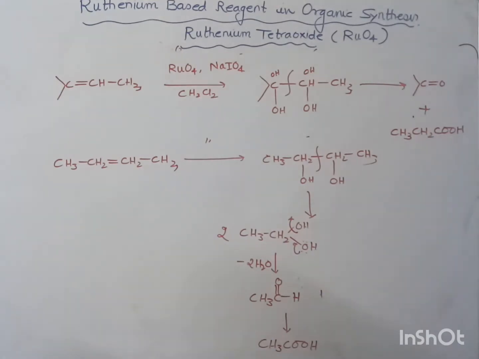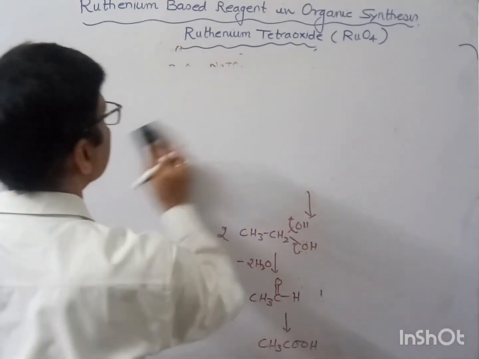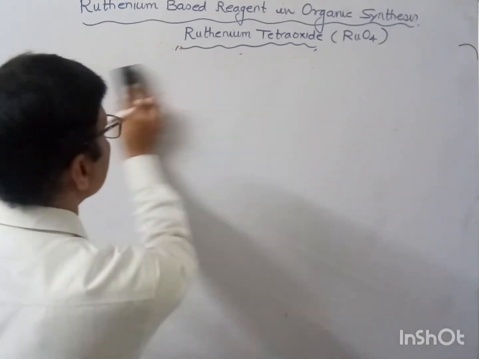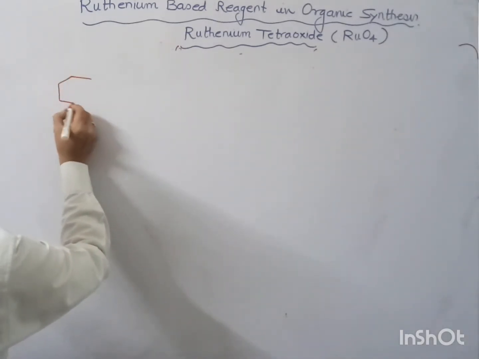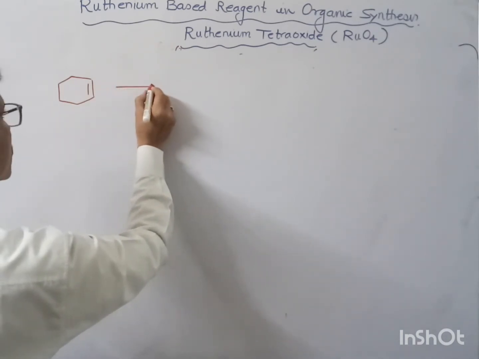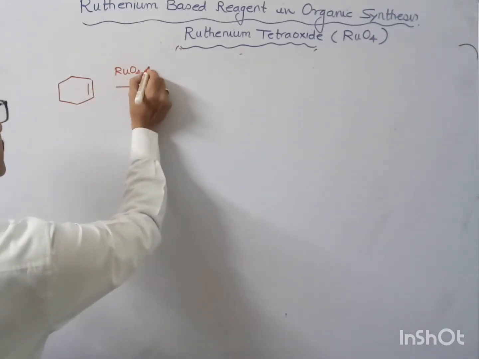Now another example. Let's see, suppose we have this one and we have ruthenium tetraoxide.